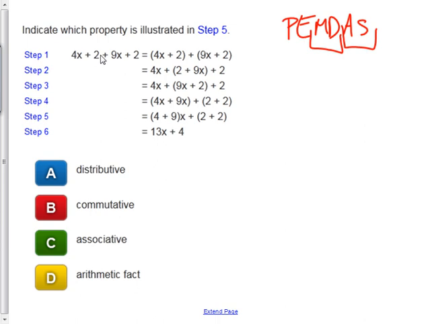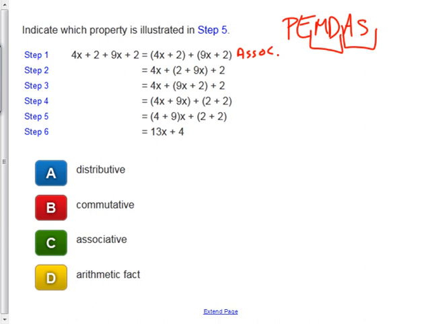So 4x plus 2 plus 9x plus 2, since we're putting parentheses around the grouping here, what we're doing there is the associative property, okay? And so I'm going to just abbreviate that with "associative" here. It would be spelled like this down below, but that is the associative property because we're grouping them together to kind of create maybe a better situation for us.